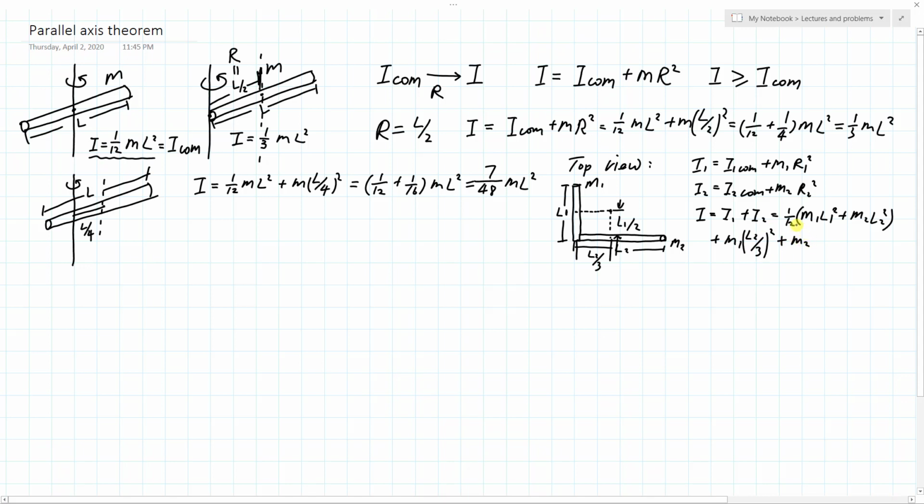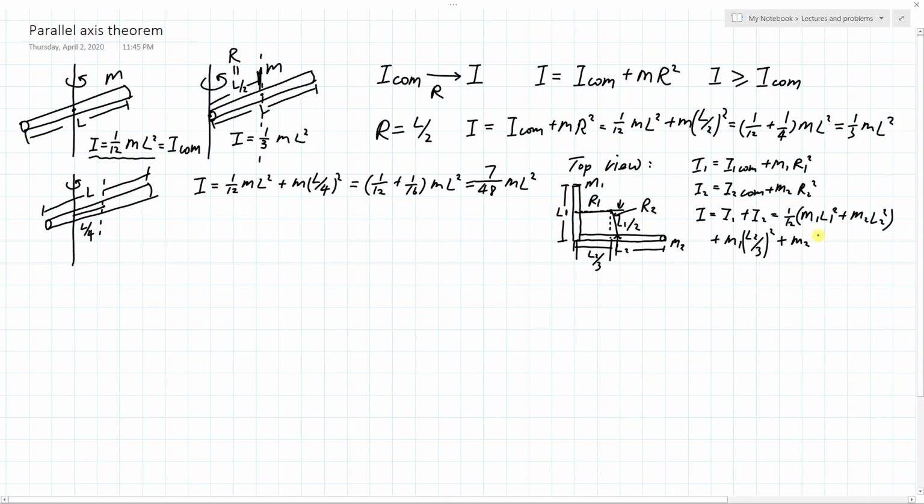plus M2. So what is R2? Okay, R2 is a bit more complicated because R2's center of mass is here, L2 over 2. So now it's rotating over here. So this is effectively R2, and this is effectively R1. The dashed line is not R2, right? The axis of rotation is here in the center, so it's been moved up L1 over 2, and to the left 1/6 of L2.